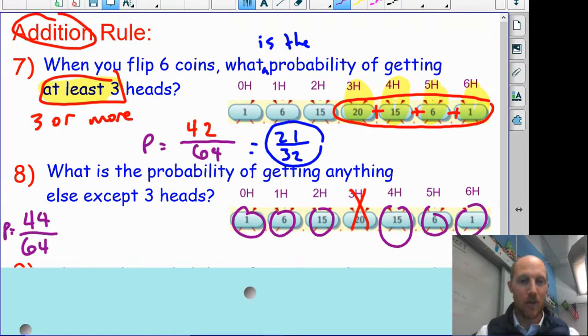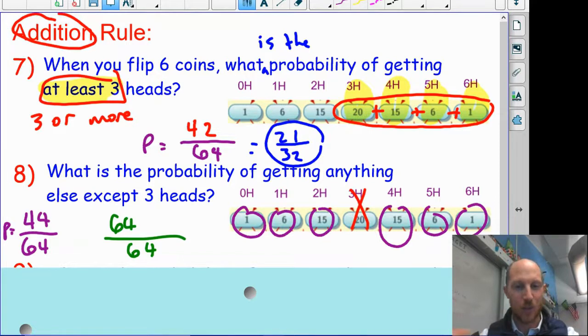So 64 out of 64, right? Except not 3 heads. Well, the 3 heads outcome is the thing we've got to take out. That's not actually part of our answer. So I could just subtract the 20 off of my numerator. 64 minus 20 is still going to give me the same 44 out of 64.